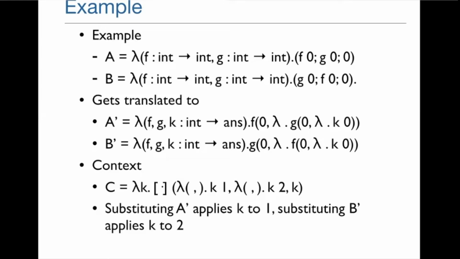However, when we translate them using CPS style, we end up with A prime and B prime, and we find that they don't necessarily act the same in all contexts. For example, we have a context C at the bottom here, where if we put A prime in the hole, it ends up applying K to 1, while substituting B prime in the hole applies K to 2. In this case, this is because we're allowing a function to call its own continuation.